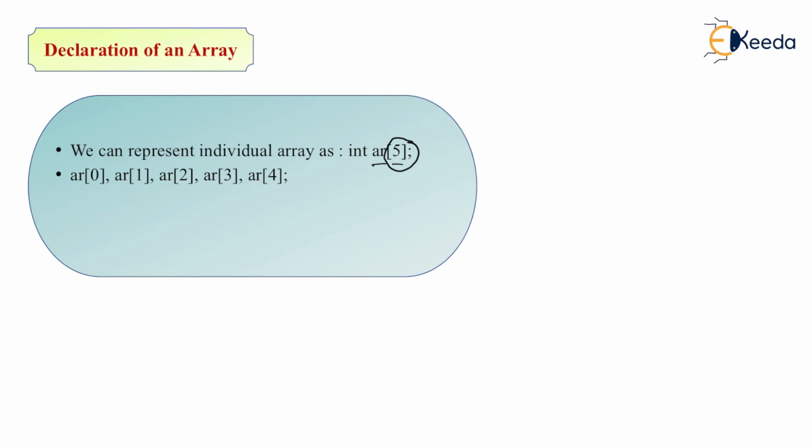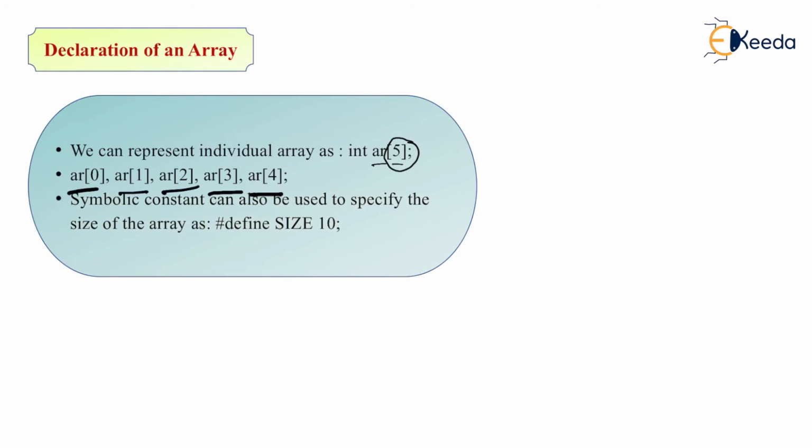If you want to represent those memory locations, how can you represent them? For that, ar[0], ar[1], 2, 3 and 4. Total 5 elements, but the index, or the subscript, will be 0, 1, 2, 3 and 4.